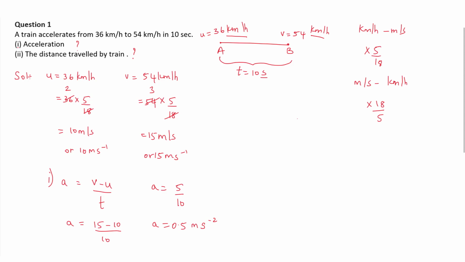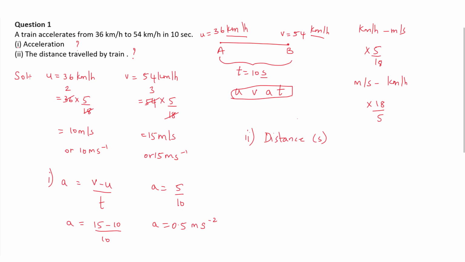Next we have to find the distance s. Now that we know the acceleration of this train is 0.5 meter per second square, the data you have is u, v, a and t. So on the basis of this data, I'll use one of the three equations of motion.